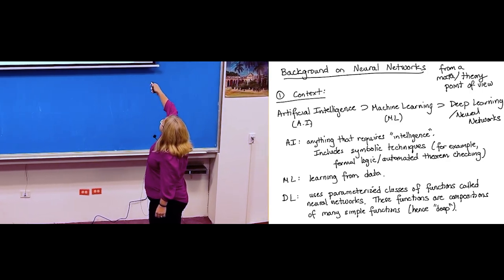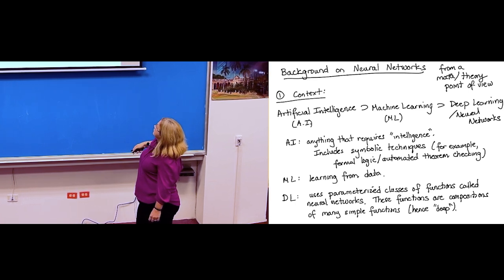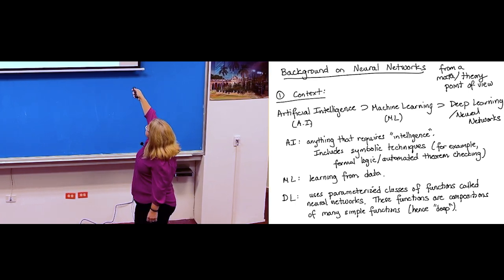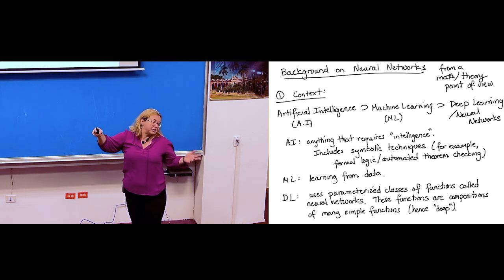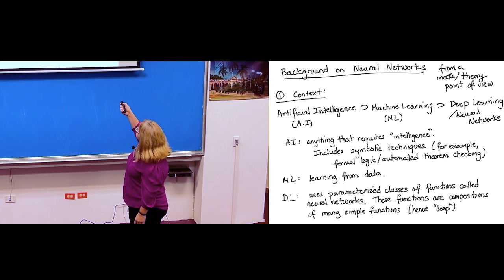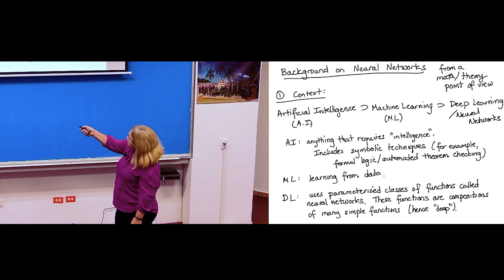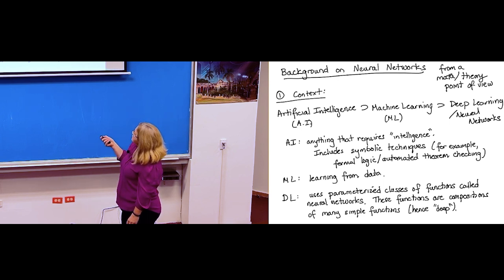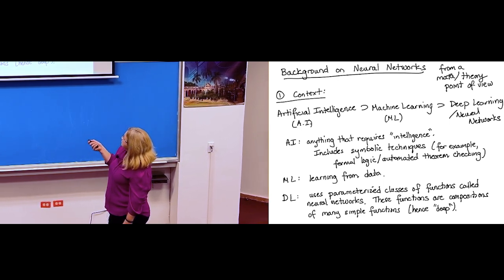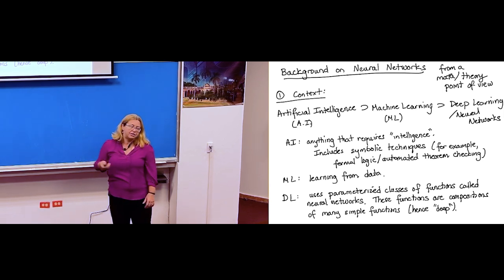Then neural networks, or deep learning, is a subset of machine learning. Deep learning is the name for the field where what you study or use is neural networks. So deep learning is a particular collection of techniques in machine learning, and it uses parameterized classes of functions, and these functions are called neural networks.